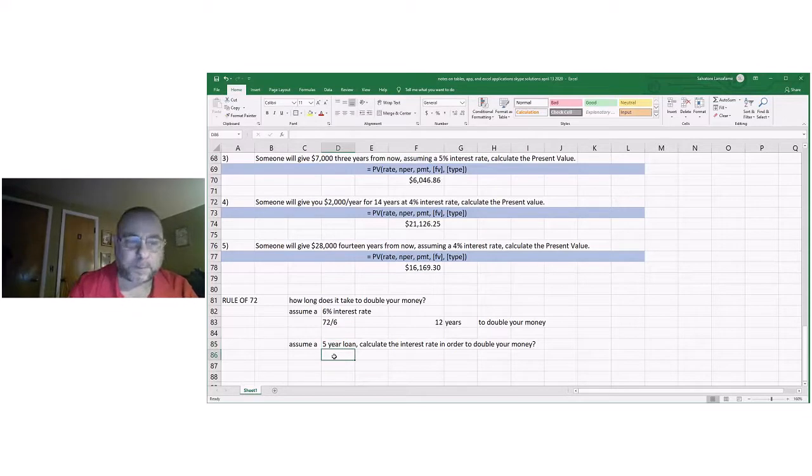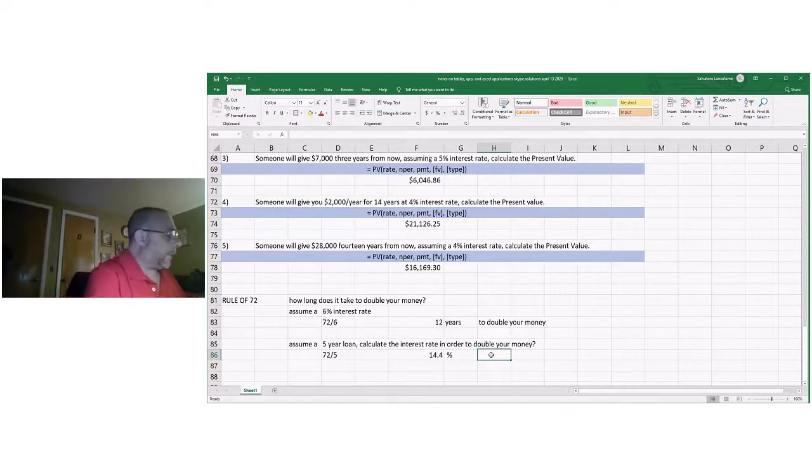So if you take the number 72 and you divide it by 5 years in this case, (72 divided by 5), 14.4% interest. So if you want to double your money in 5 years, you need at least a 14.4% return on your money. Pretty cool, huh? That's the rule of 72.